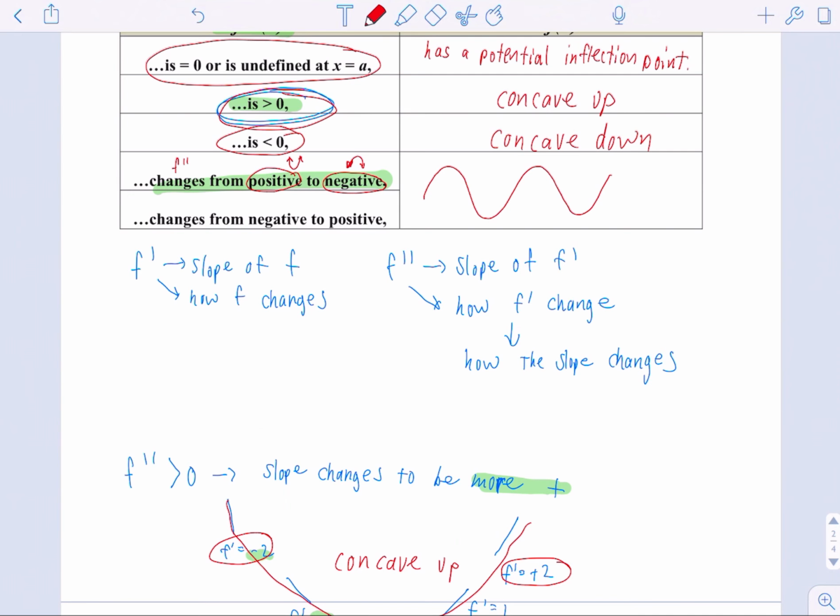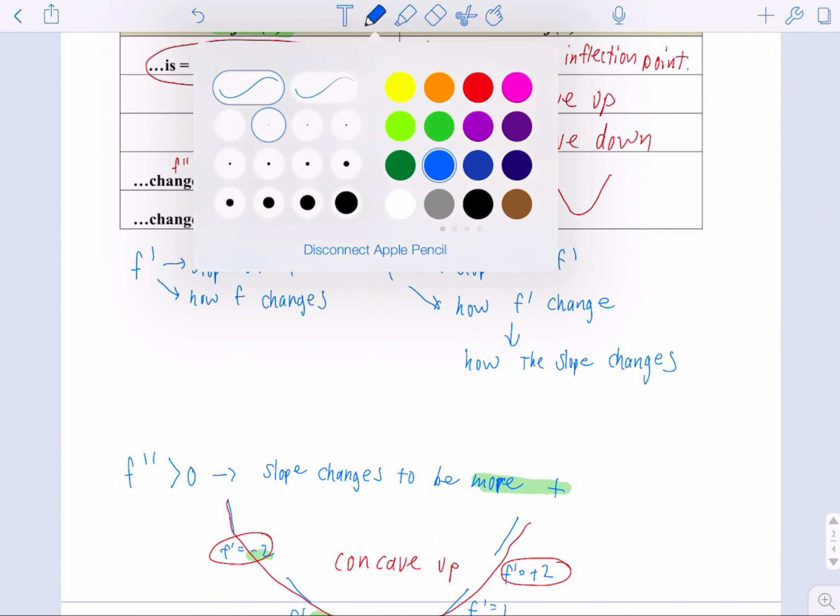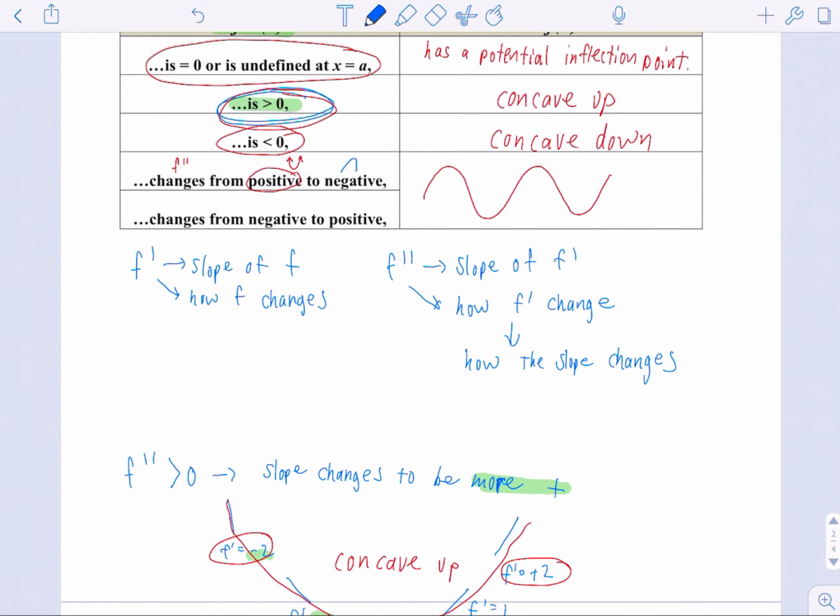Okay, maybe I'll change the color here. Concave up, concave down. Okay, so where is it concave up on this curve? Isn't it right here? Concave up, right? And then where's it concave down? Concave down.